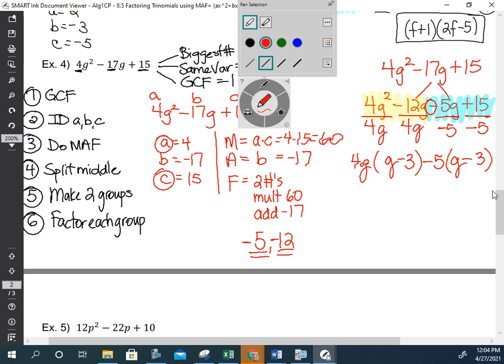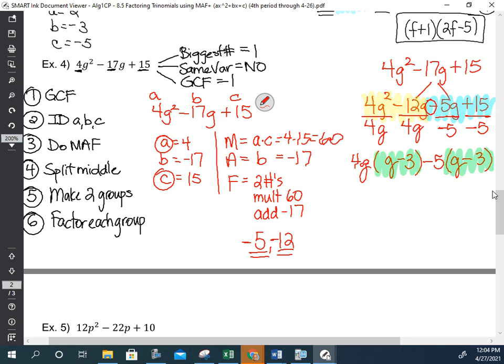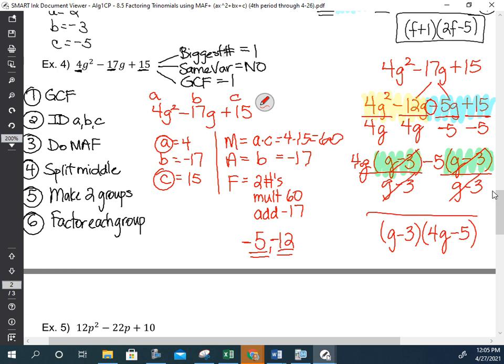And would you look at that? The parentheses match. So since the parentheses match, bring the parentheses down and divide it out. You get 4g minus 5. There's your answer.